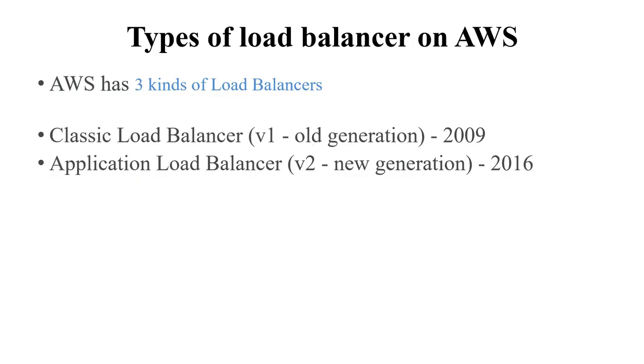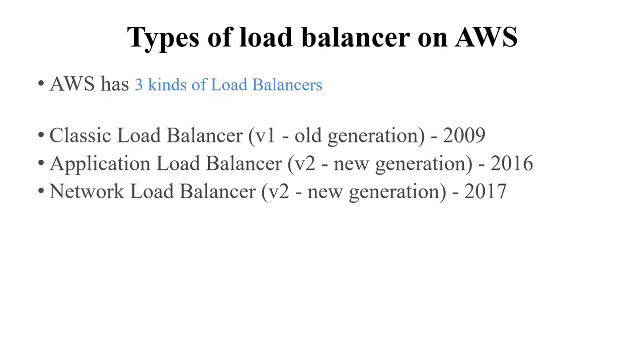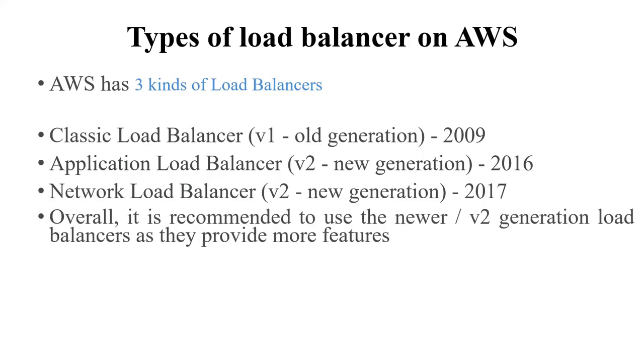The latest generation is the V2 version: the application load balancer, ALB, which they launched in 2016, and another type, the network load balancer, also the latest generation, which they launched in 2017.